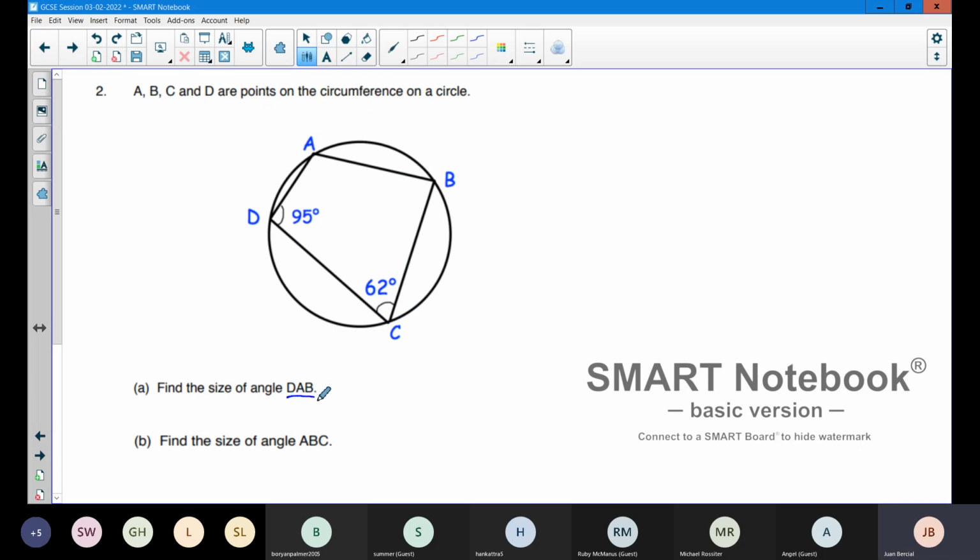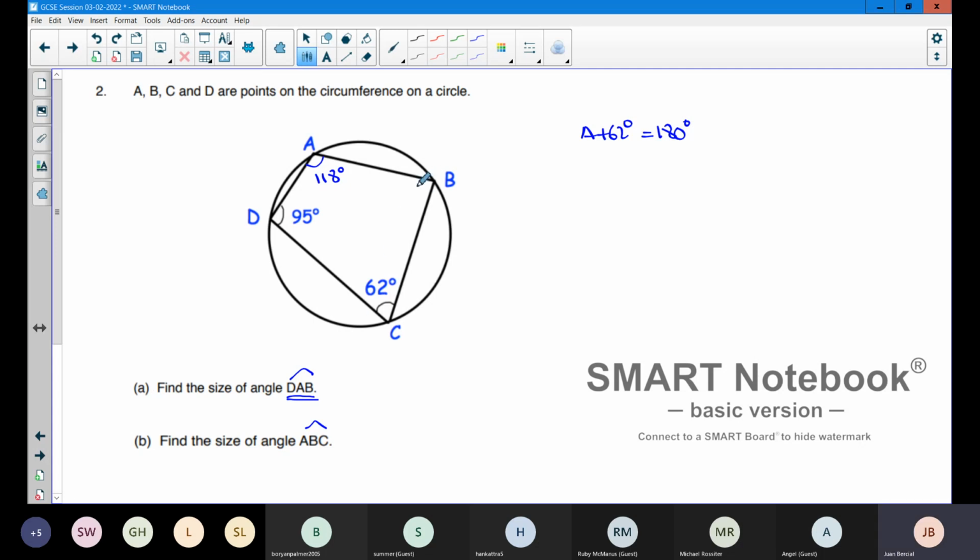For example, to find the size of the angle DAB, you can see that A plus 62 is 180 because they're opposite angles. So this one is going to be 118.